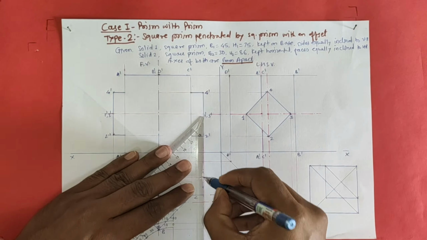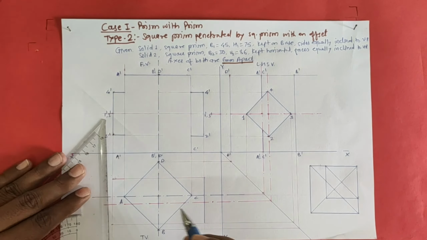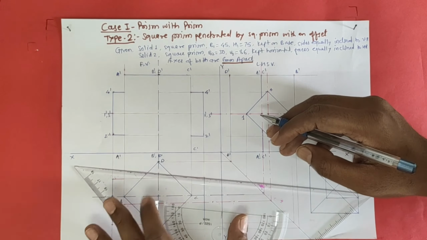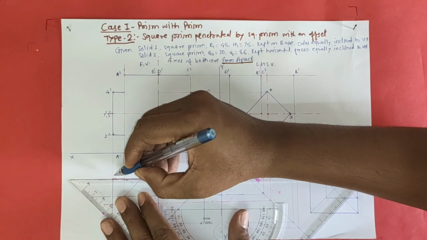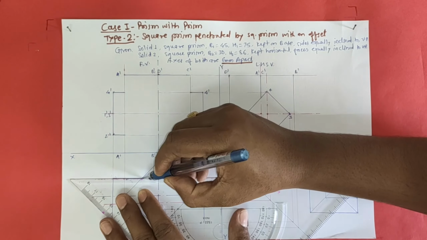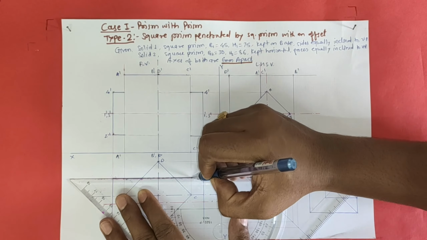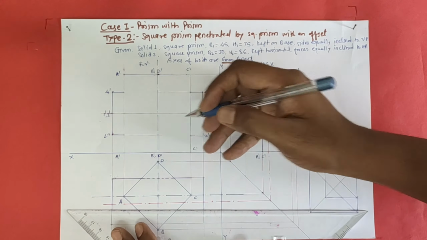So by taking projection only, you will get the required solid, that is the square prism. You will get cutting points easily in the top view. Now from here to here it is dark, then it is hidden, as the square prism is getting inside the other square prism.